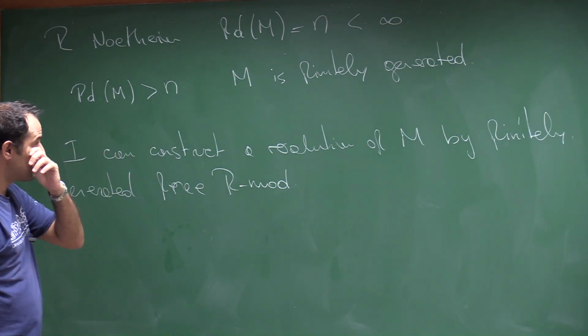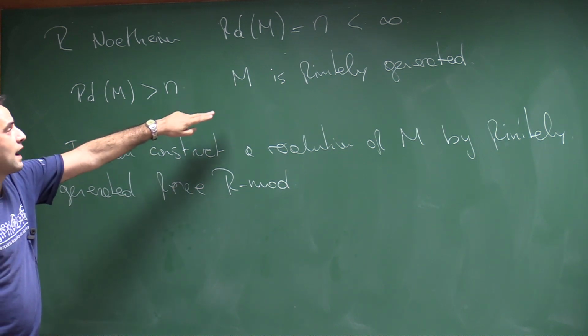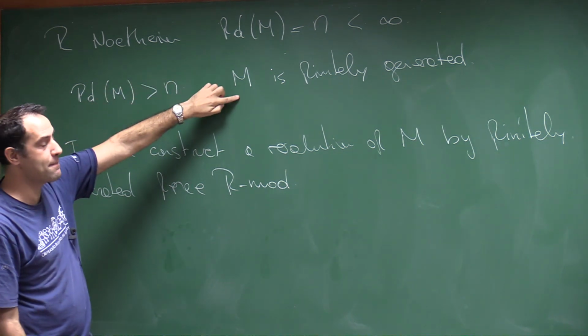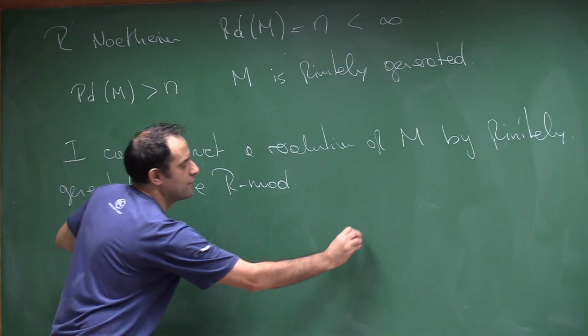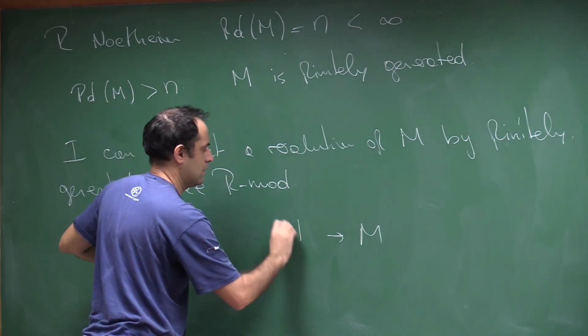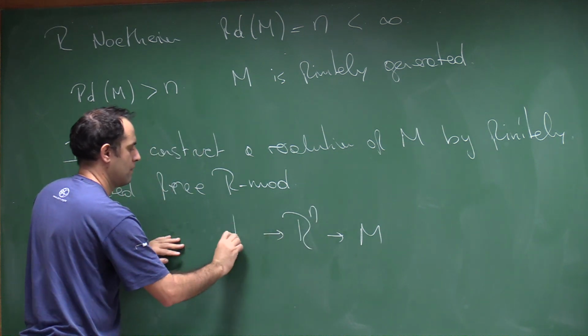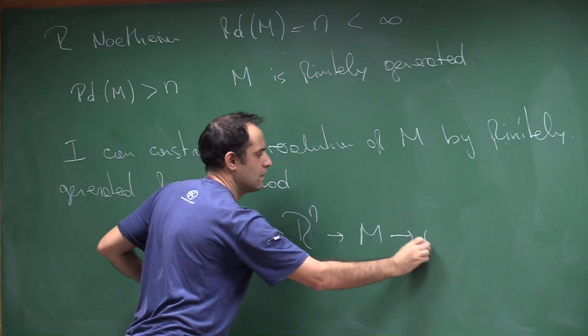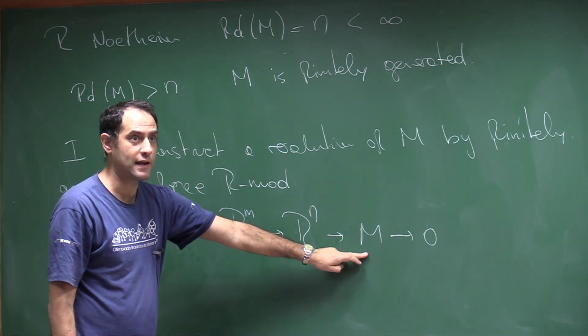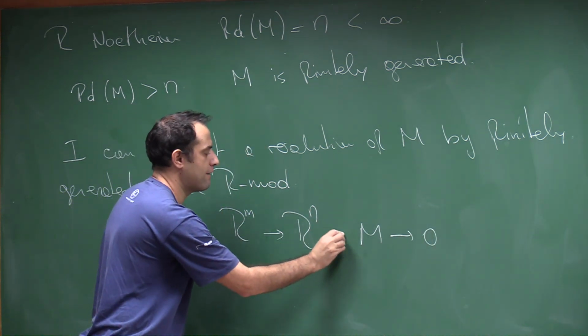Well, the fact that M is finitely generated and that R is Noetherian means that M is finitely presented. So it means that I have something like this, which is exact here. M being finitely generated means that here I have a surjection.